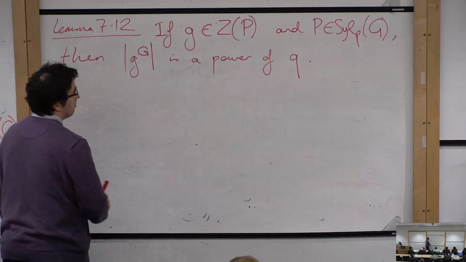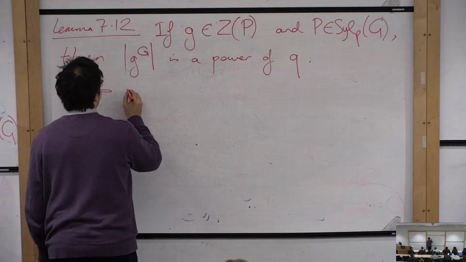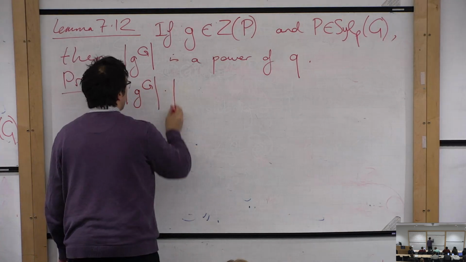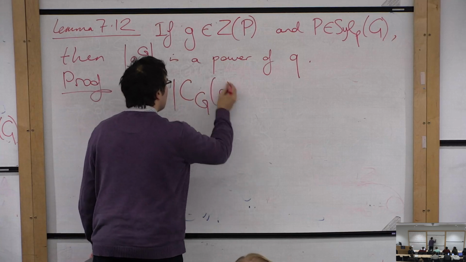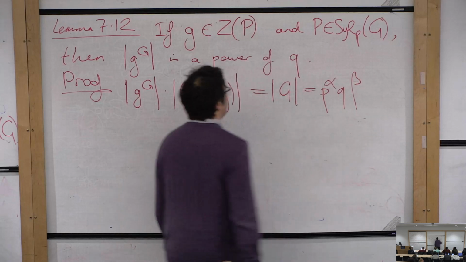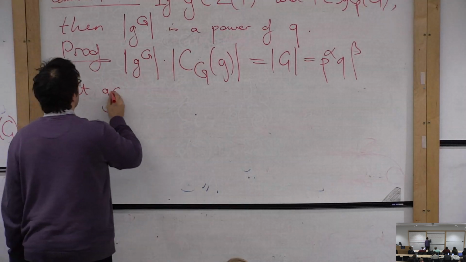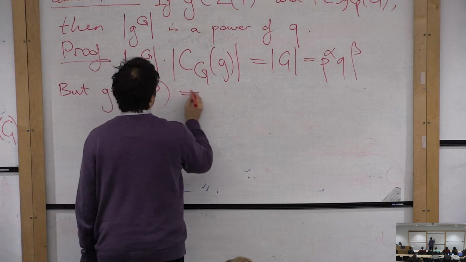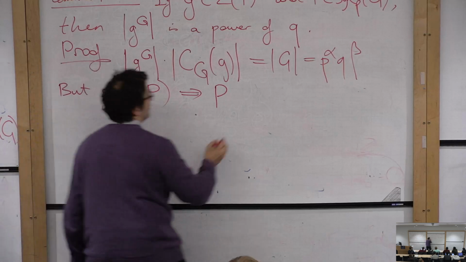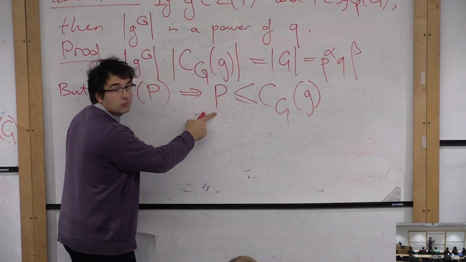And this is obvious from orbit-stabilizer, right? You know that the orbit under conjugation times the stabilizer, which is the centralizer, gives the order of G. But the fact that g was central is equivalent to the subgroup P centralizing g, and therefore its index is a power of q.